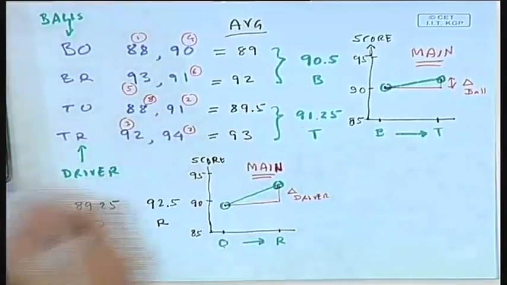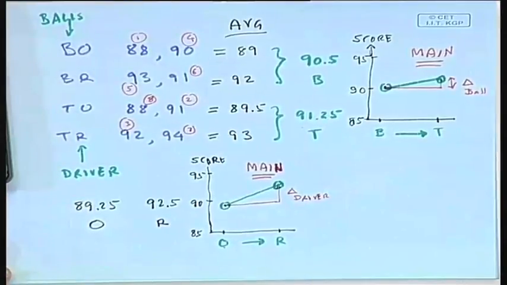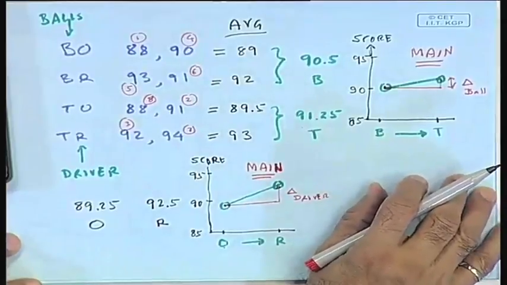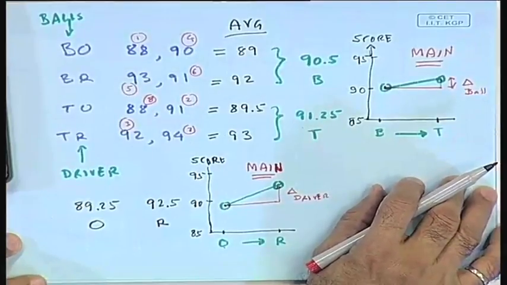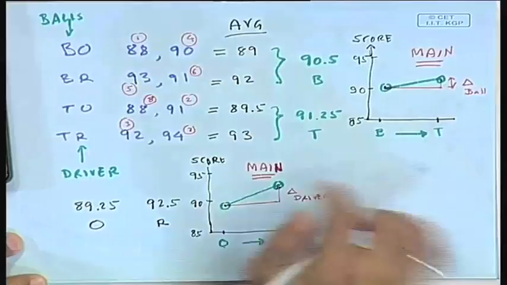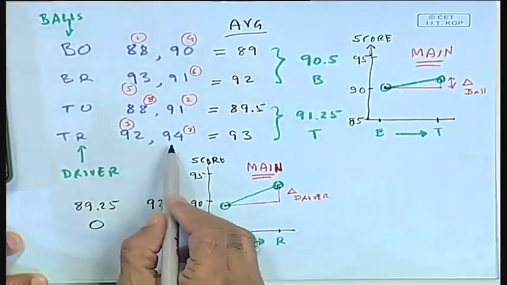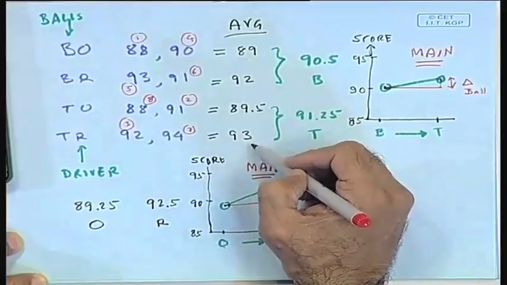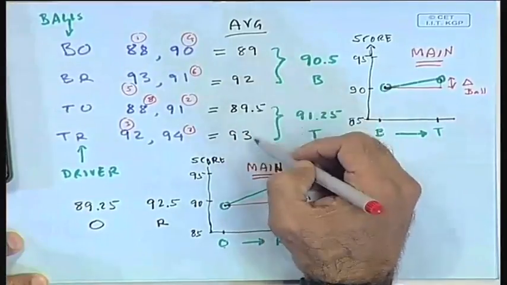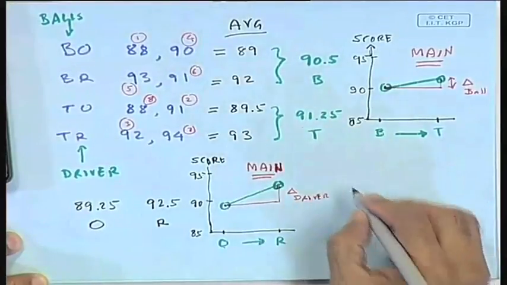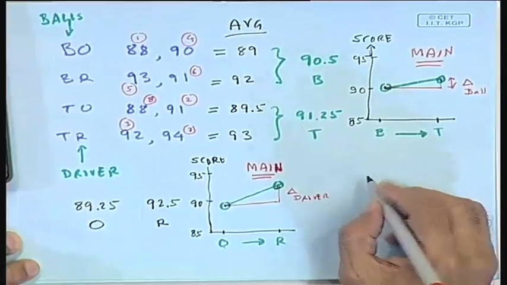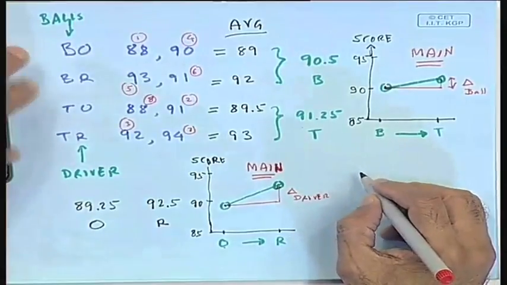Now what about interaction? Interaction becomes a little more complicated to evaluate. For that, what we do is average out two quantities. We'd average out 88, 90, 92, 94, which is like 89 and 93. If you average these two out, I can actually get an interaction factor.